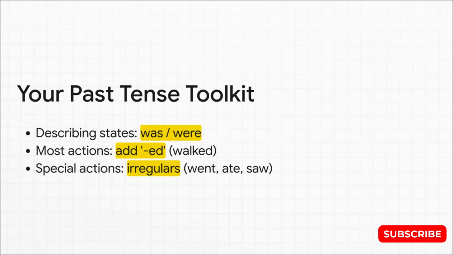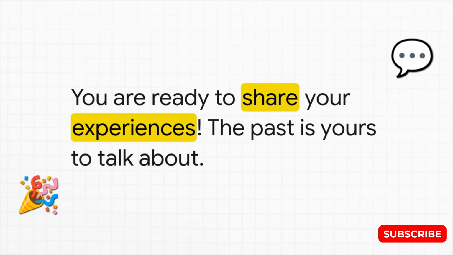You're totally set. And that's really it. With these tools, you are absolutely ready. You can share what you did, your adventures, your experiences. The past isn't some complicated thing to talk about anymore.